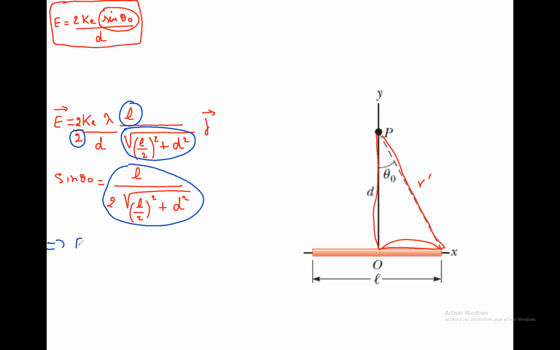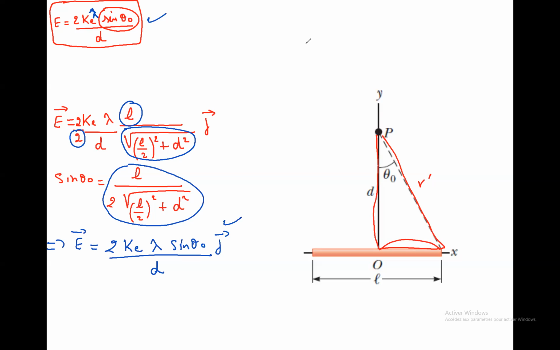So E equals k_e lambda sine theta 0 j divided by D. Okay, it's okay. Excuse me, here we have lambda in the problem.